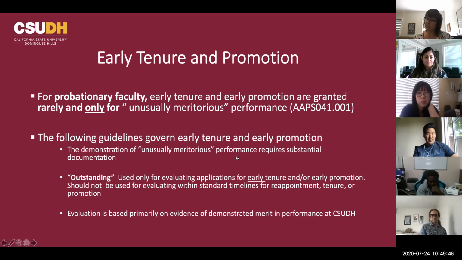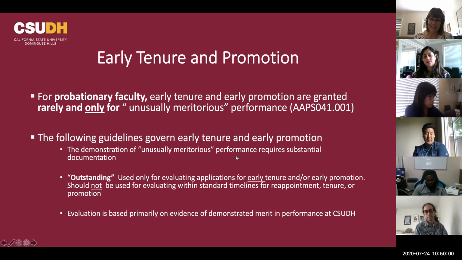First is the demonstration of what is called unusually meritorious performance. This will require substantial documentation, and you must be ranked as outstanding in at least 2 of the 3 areas under review: teaching, research, scholarly and creative activities, and service. One of those must be teaching.